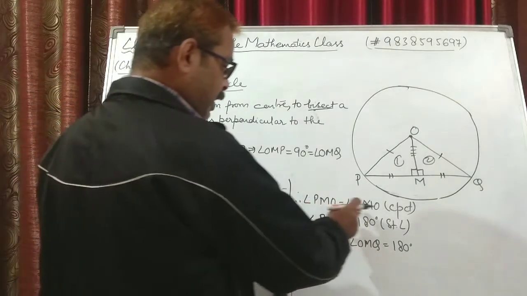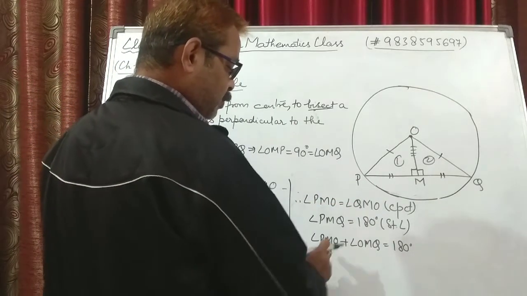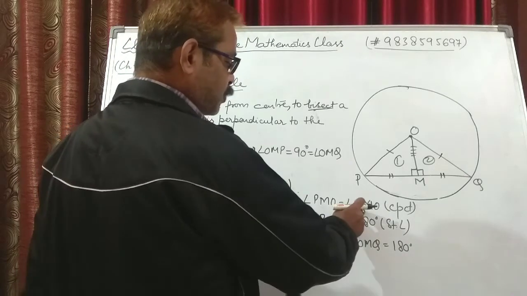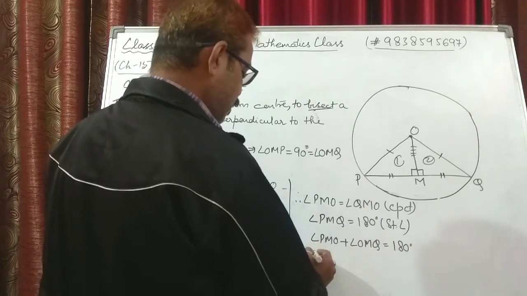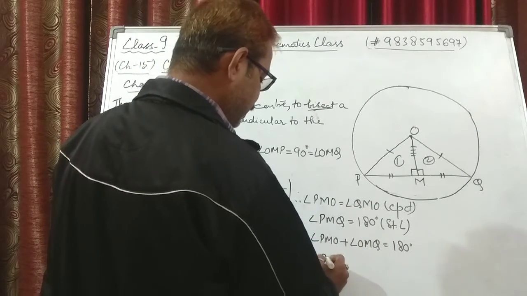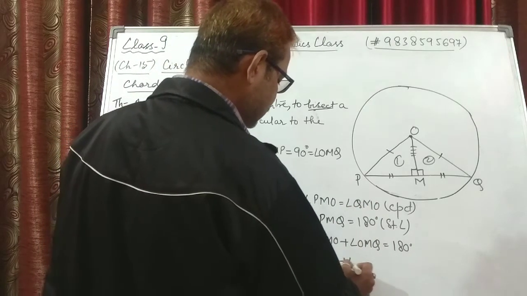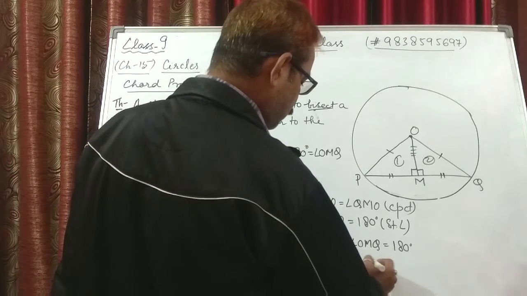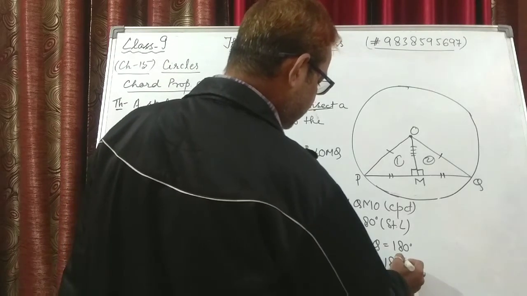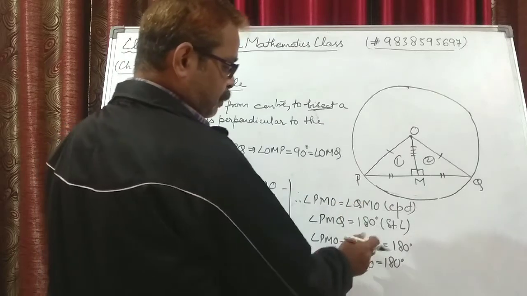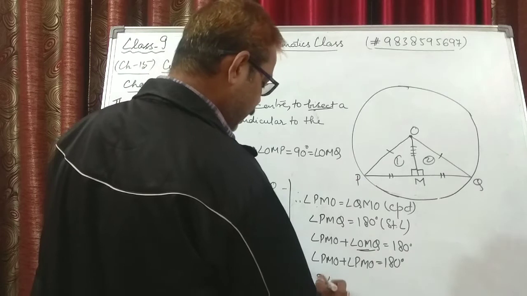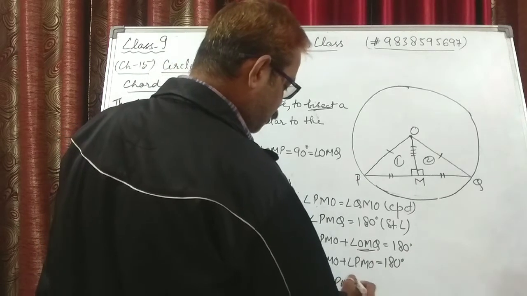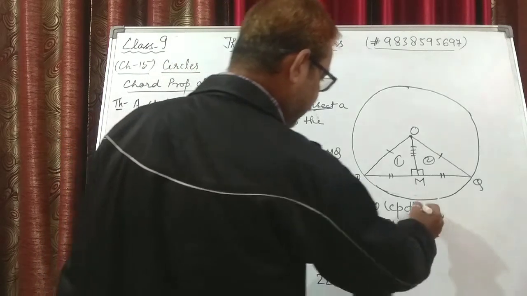We know that PMO and QMO are equal, so instead of PMO we can write QMO, or instead of QMO we can write PMO. So I am writing angle PMO plus angle PMO is equal to 180 degrees, meaning I have replaced OMQ with PMO. So 2 times angle PMO is equal to 180 degrees.